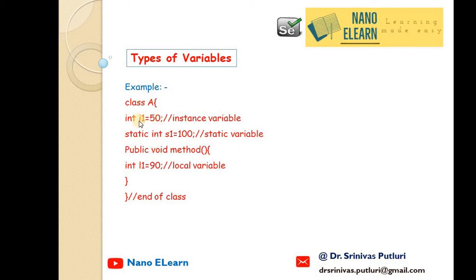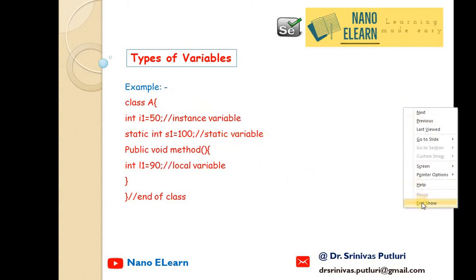It is declared inside the class but outside the main method. It is called an instance variable. And another variable S1 is declared using the static keyword. It is declared inside the class but outside the main method. So it is called a static variable.